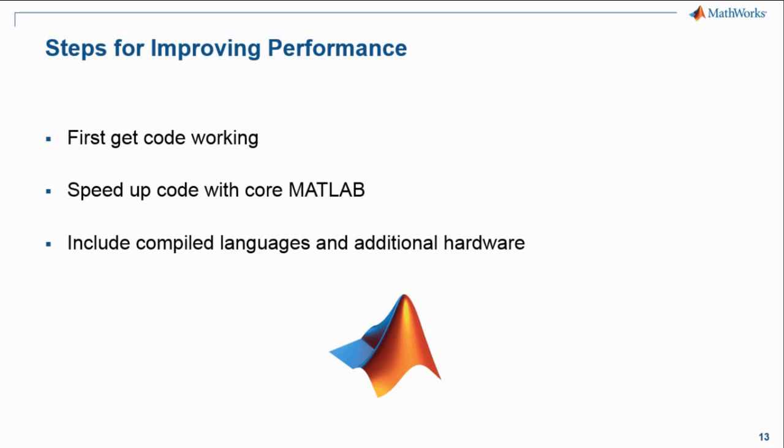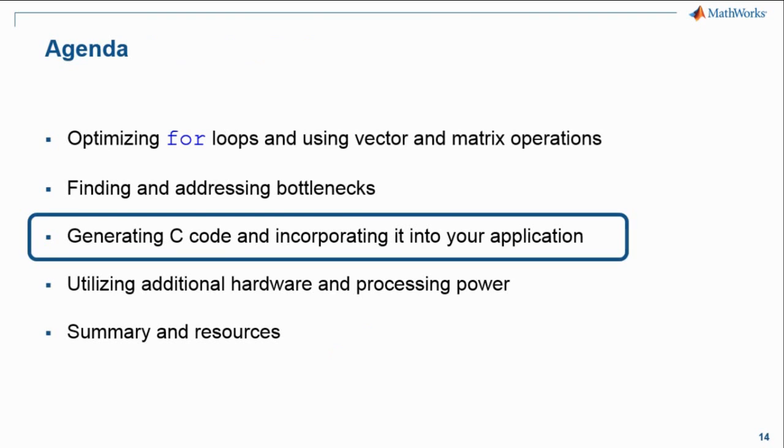If you've already done this and you're still not getting the performance that you need, that's when it's time to start thinking about using compiled languages like C or Fortran for some of the very specific bottlenecks, and we'll talk about what those could be, or additional hardware. So with that, let's look at generating C code and incorporating it within our application.